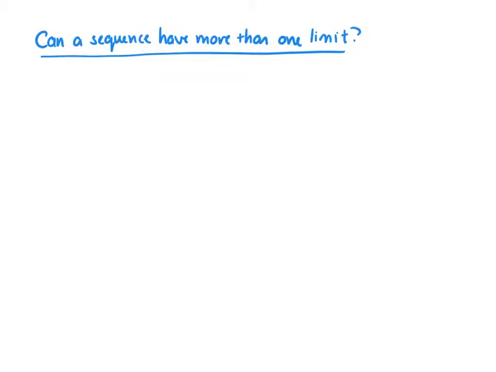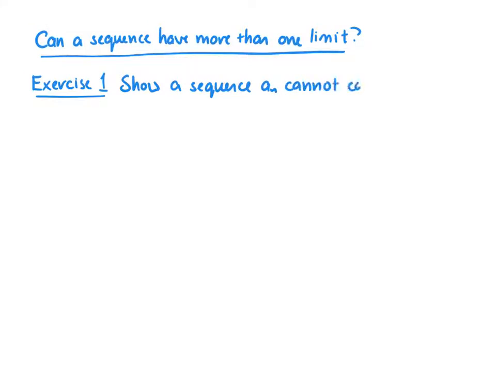All right. So here's the first exercise that I will run through with you, and I want you to use this idea that we're going to employ to prove a more general statement. The exercise is to show a sequence AN cannot converge to both 0 and 10.